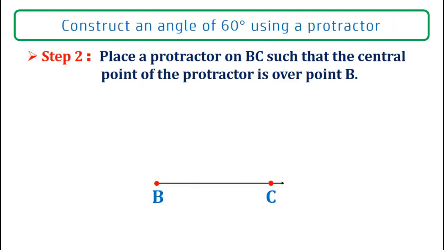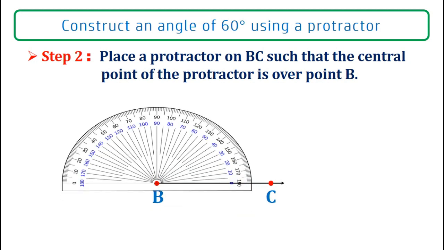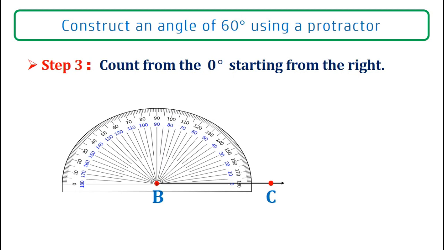In step 2, we need to place the protractor on ray BC such that its central point lies on point B and the 0 degree line coincides with ray BC. In step 3, we need to start counting from 0 degrees starting from the right.